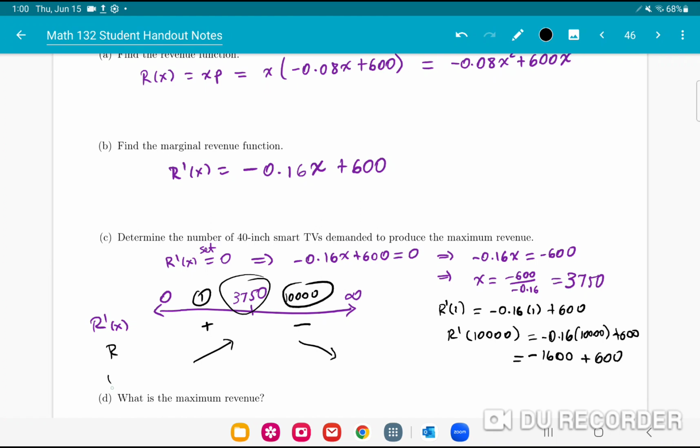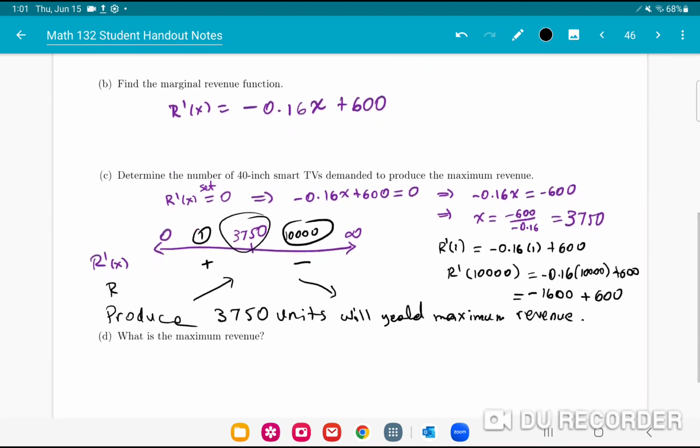So producing 3,750 units will yield maximum revenue. What's the maximum revenue?